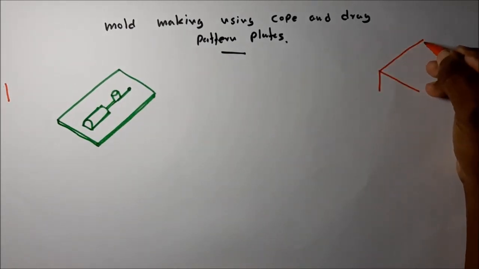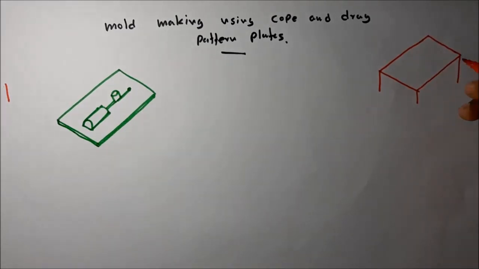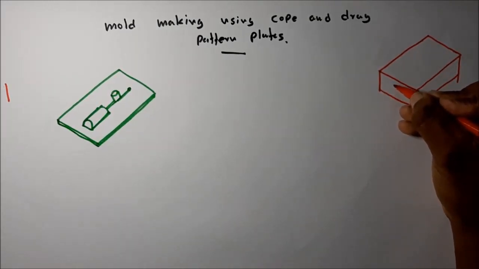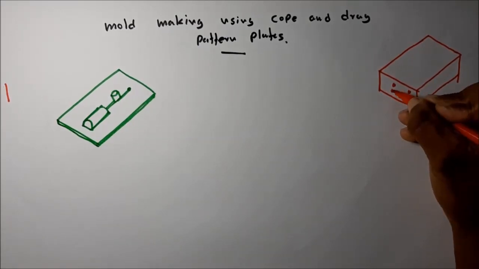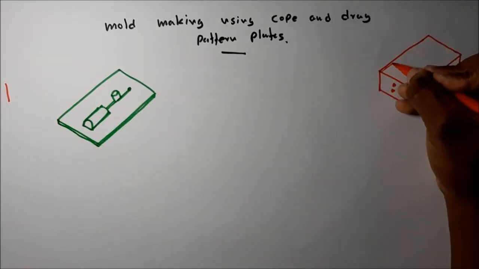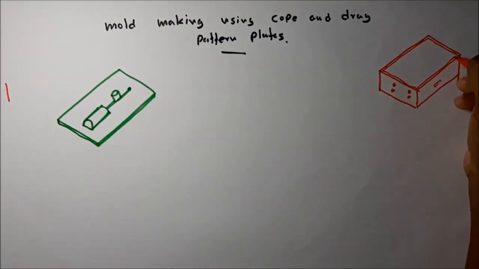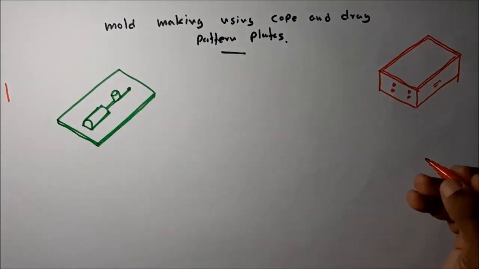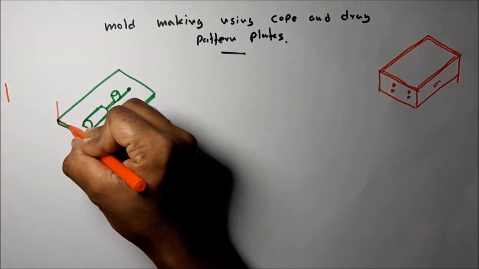Actually it's a steel box with two sides open, the top and bottom sides are open, having guide pins to match and also handling handles. Then this one is placed on top of this pattern plate.